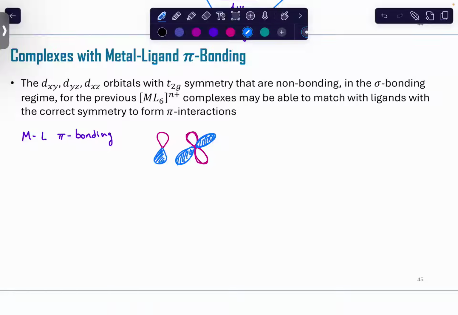So they come at each other. The d orbital is kind of twisted to the side. Okay. And you'll get your pi interaction that way.